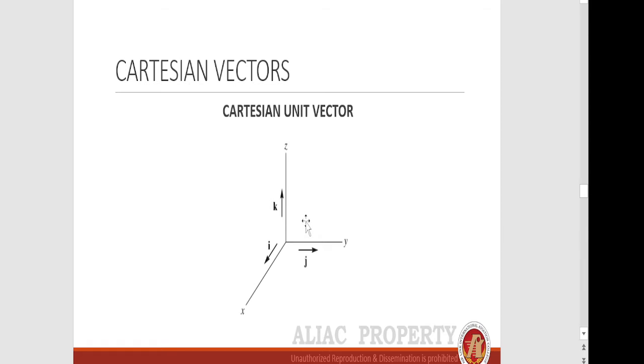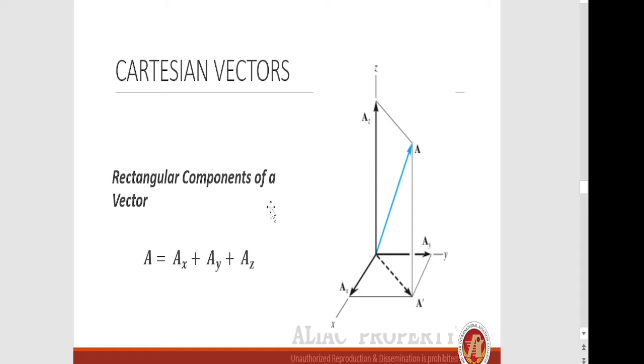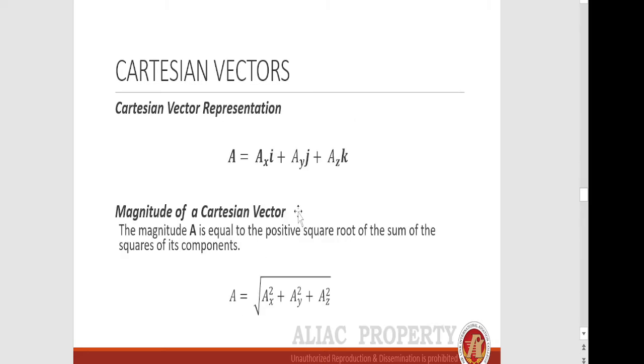For the Cartesian unit vectors, you can use unit vector i, unit vector j, and unit vector k as well. When you represent the rectangular components of the vector in Cartesian unit vectors, it becomes Ax i plus Ay j plus Az k.